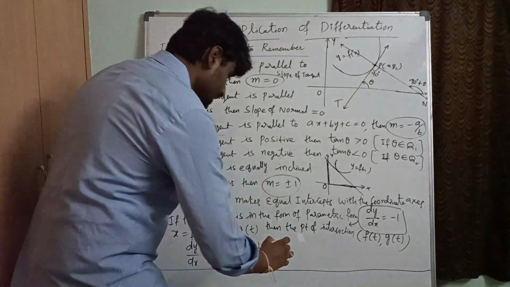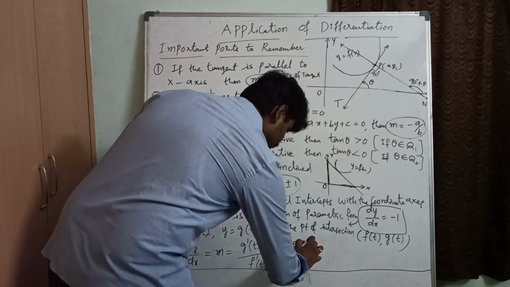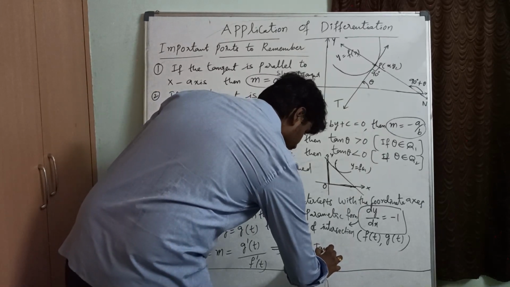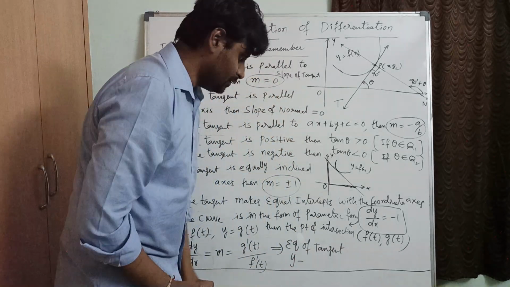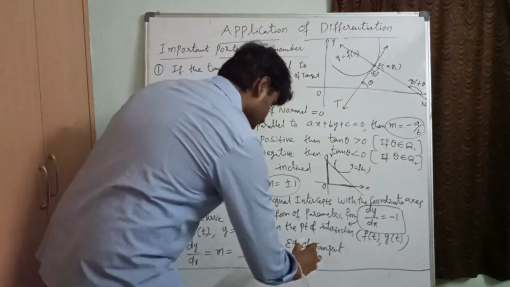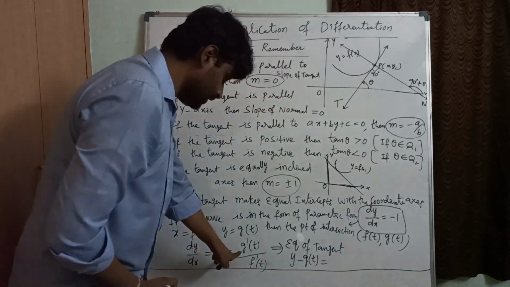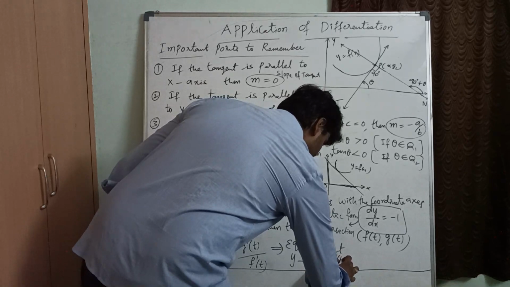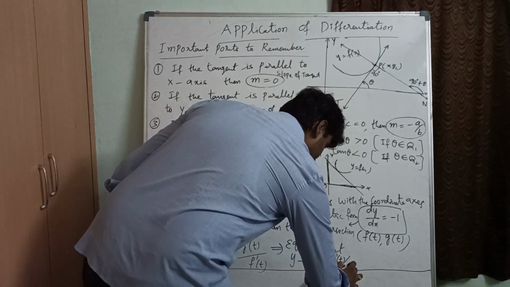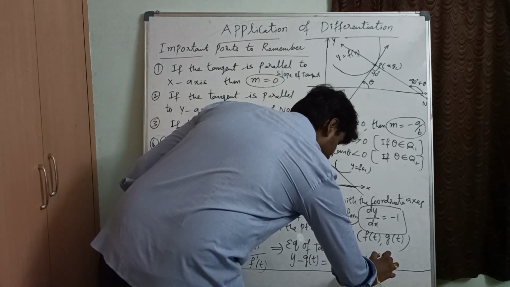Now let us write the equation of the tangent. Y minus y1. What is y1? g of t. So y minus g of t equals m. What is the slope here? g dash of t by f dash of t, into x minus f of t.